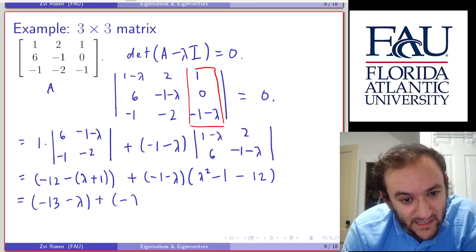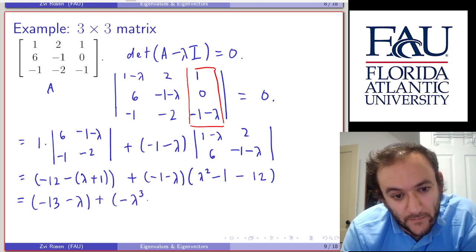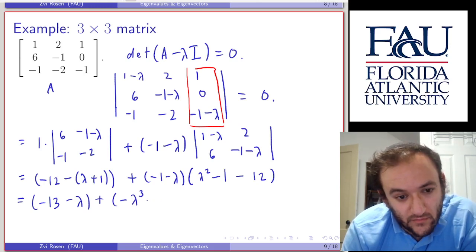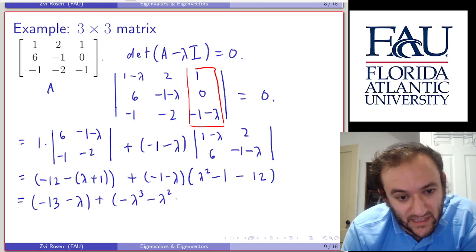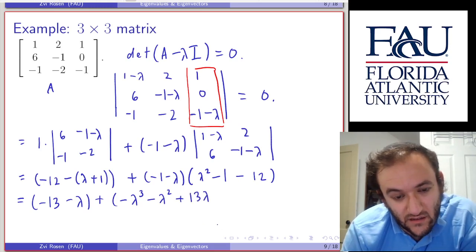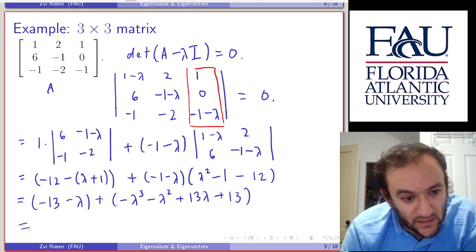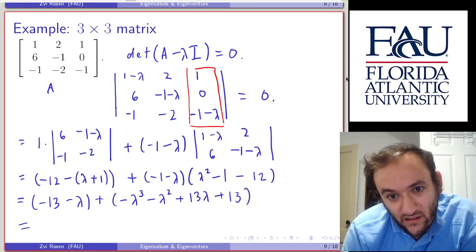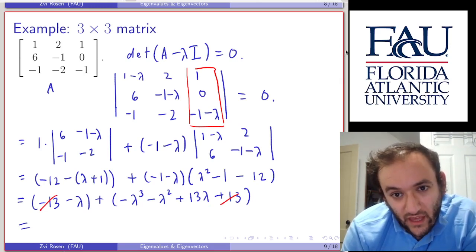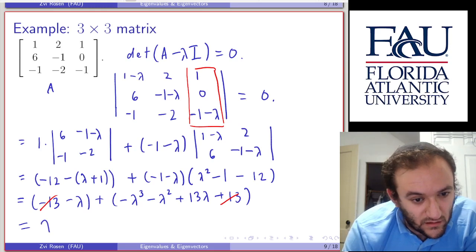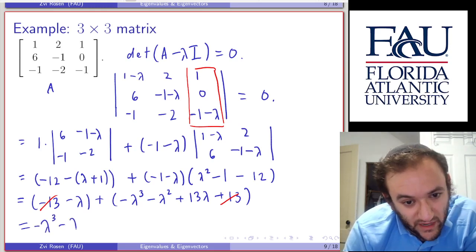We'll get minus lambda cubed, okay, minus lambda squared. Then the minus 13 gets multiplied by minus lambda to make plus 13 lambda plus 13, okay, and simplifying, we get that this 13 cancels with this minus 13, and we're left with minus lambda cubed minus lambda squared plus 12 lambda.